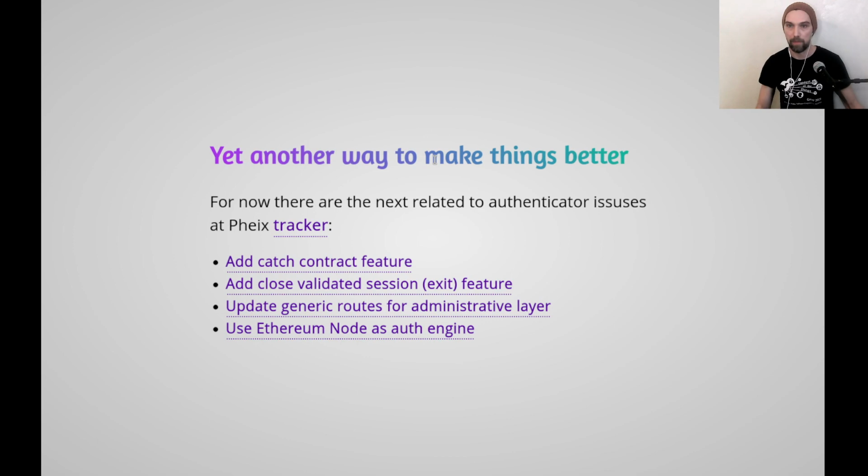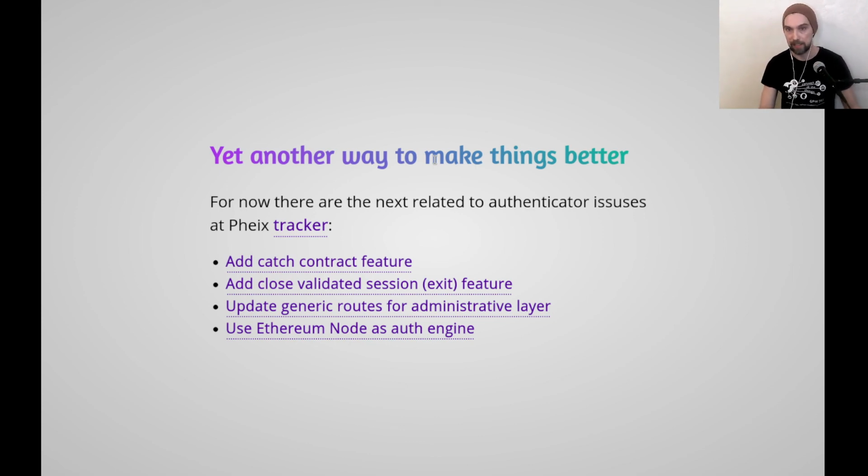As for ways to make things better, I think we have a few open points. As we discussed in the features section, we have a catch content feature, but for now it's unfortunately fully unimplemented, so I'm planning to deliver it in the future in the RC1 release. We have no exit feature for closing sessions. And also we have to modify generic routes for the administrative layer.